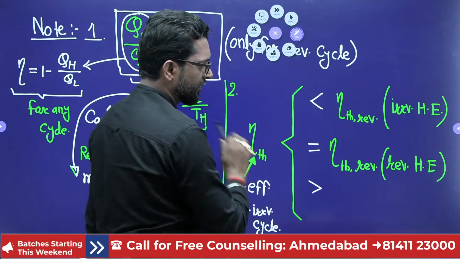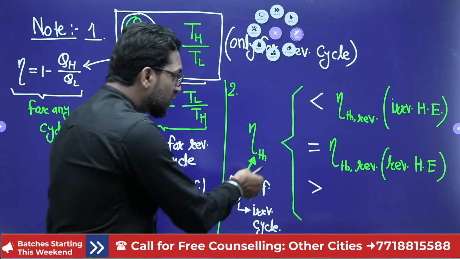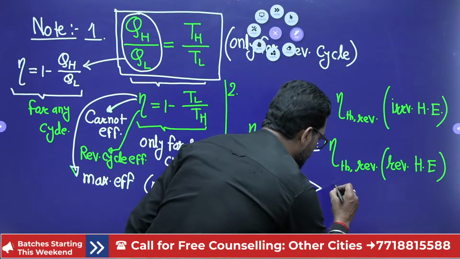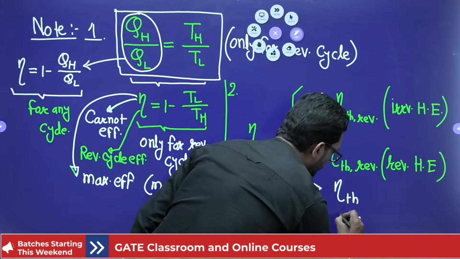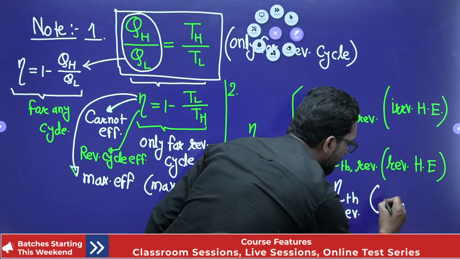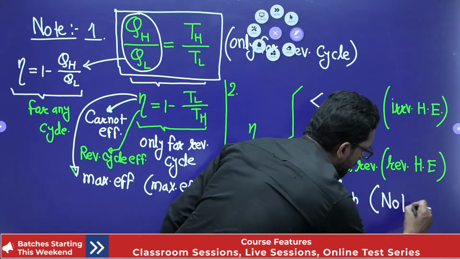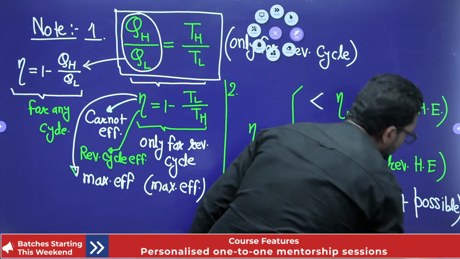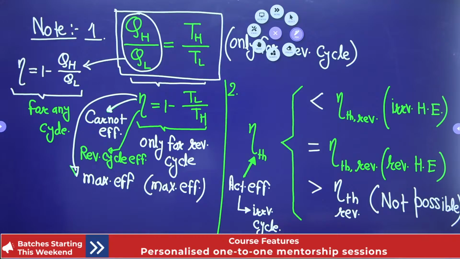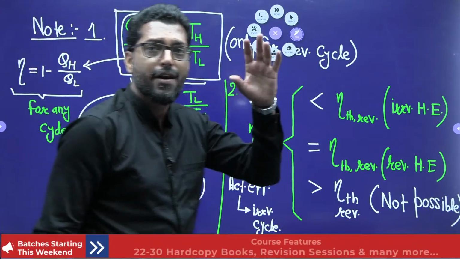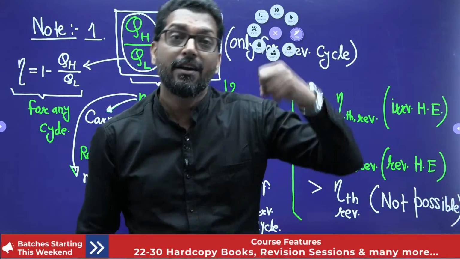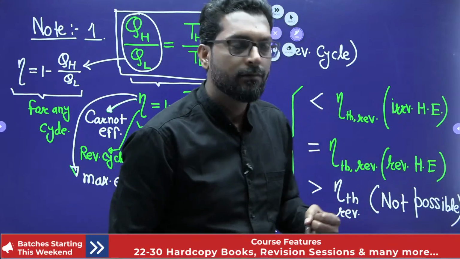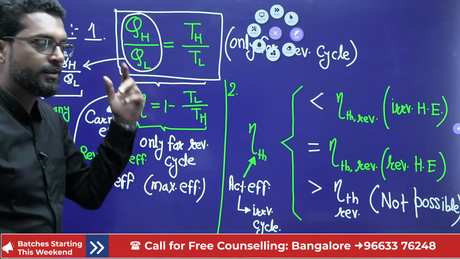And when the actual cycle efficiency is greater than the reversible efficiency, it is not possible. You cannot design a device which has an efficiency higher than the Carnot cycle efficiency.